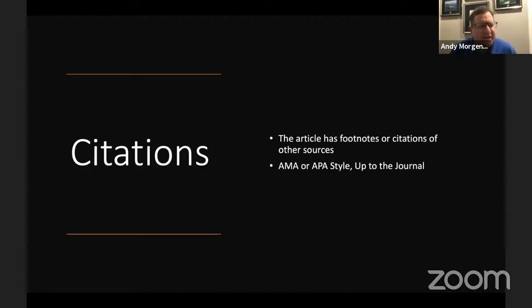I'll give you an example with case reports. Case reports are typically information about one case, one patient. When we look at research, we typically don't want to see papers on just a case report, just one bit of information, because it doesn't give us high quality information on a disease state or a treatment methodology.